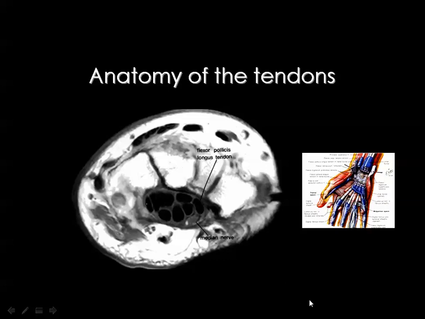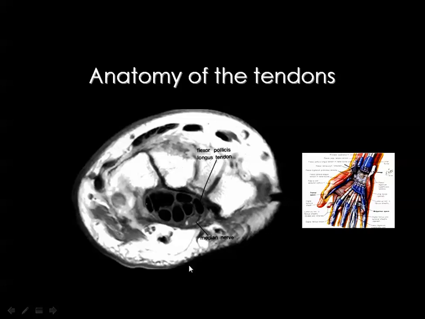And it also contains the median nerve, which can be identified by its intermediate signal compared to the dark signal of the tendons. Whenever you put your finger on the median nerve and you go to the dorsal aspect, the tendon which is immediately dorsal to the median nerve is the tendon of the flexor pollicis longus.